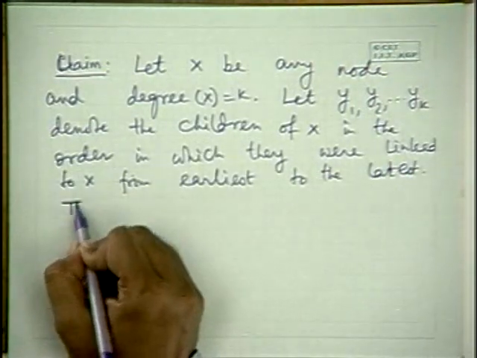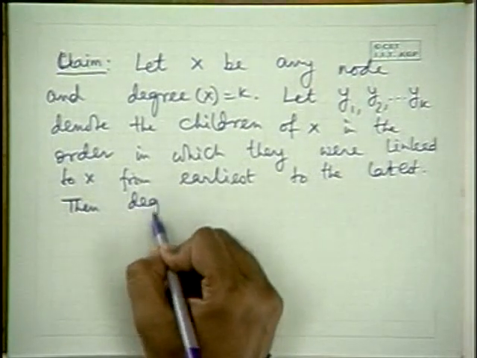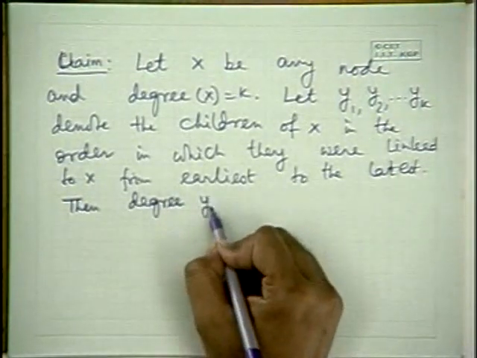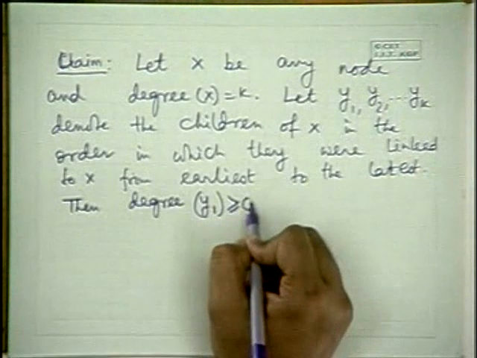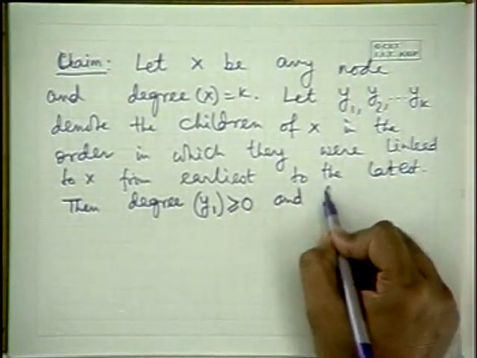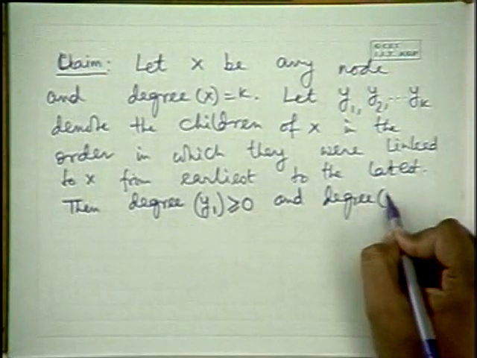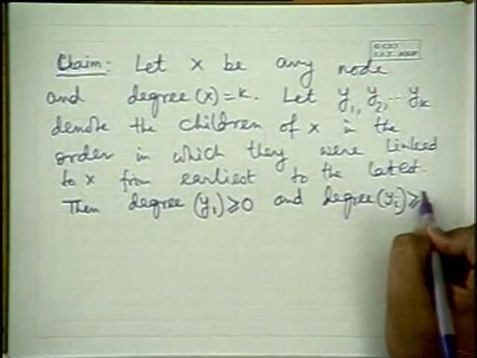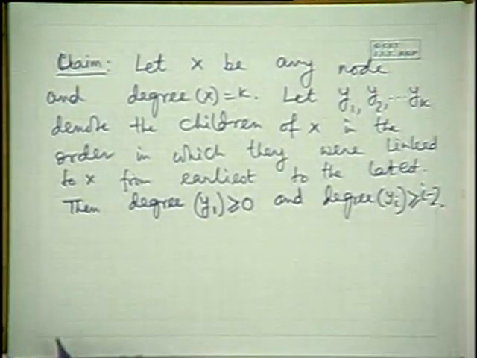Then this is the claim. Then the degree of y1 must be greater than or equal to 0 and the degree of yi is greater than or equal to i minus 2.